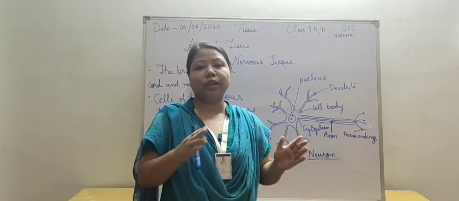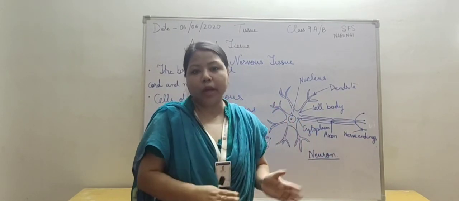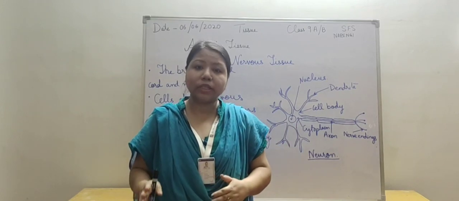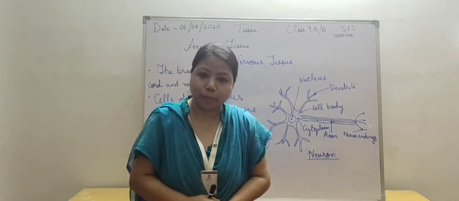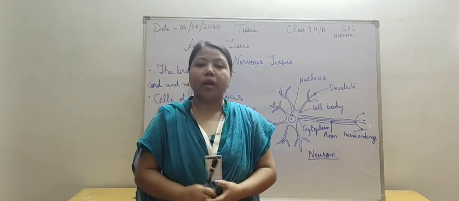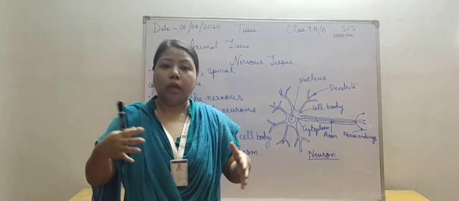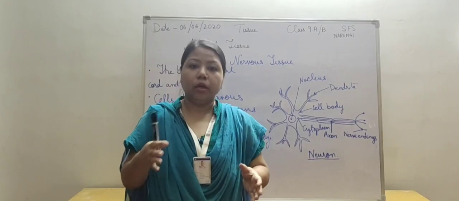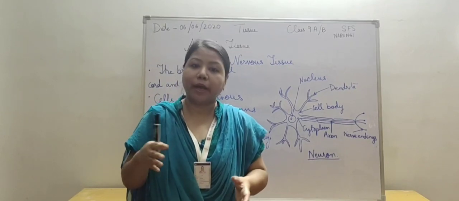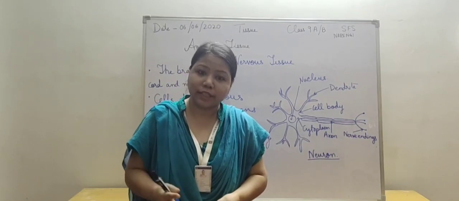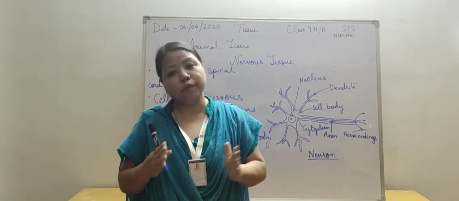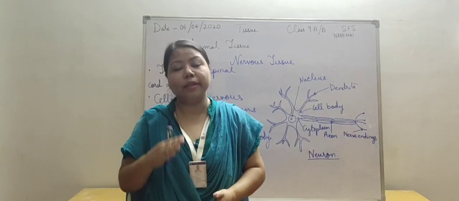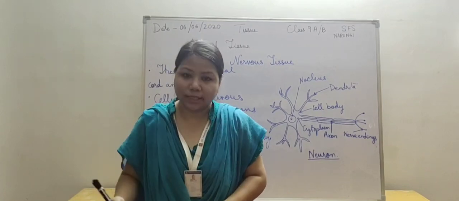In this way the impulse moves from one cell to another and we are able to respond to any type of stimuli. Now, when many nerve fibers combine together by a connective tissue, it is called a nerve. So the nerve impulses help in the movement of the muscles.